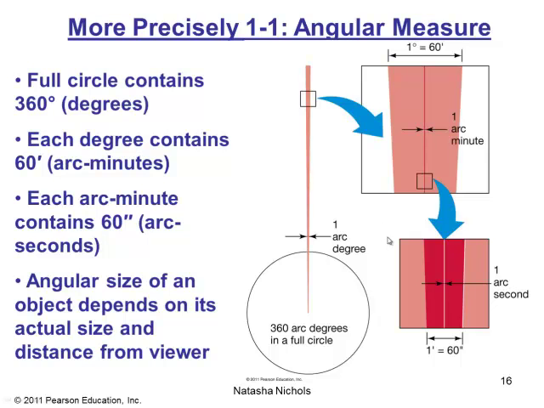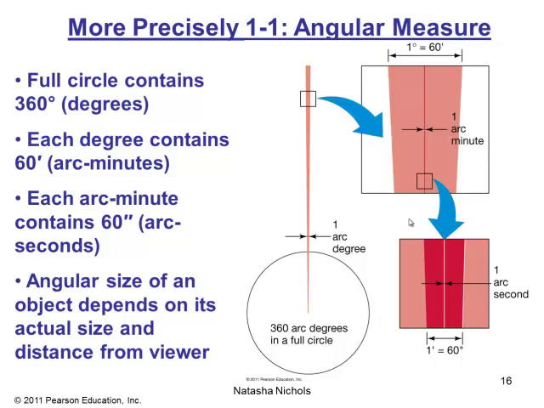This is very useful because the angular size of an object depends on its real size and distance from the viewer. So if we can relate the three, we should be able to figure out how far away the stars really are. You might hear astronomers say the star was only 2 degrees from the moon.